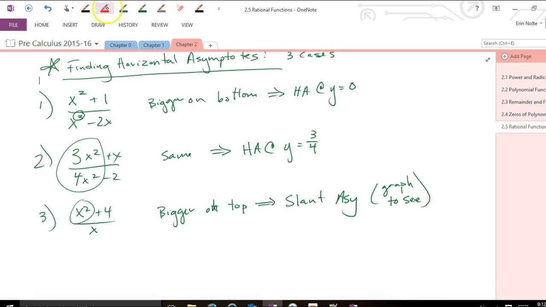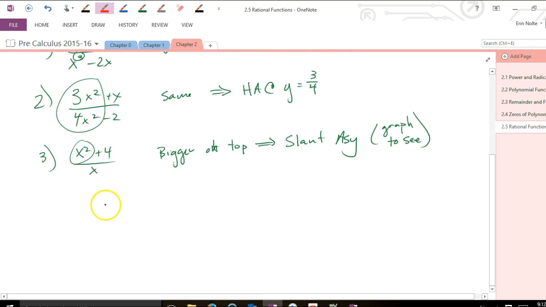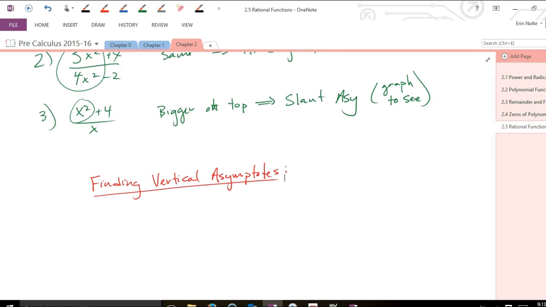Anytime you're dealing with a rational function, you also have to be aware of vertical asymptotes. So how do you find a vertical asymptote? Hopefully you remember anything that makes the denominator 0 is going to be an issue, right?